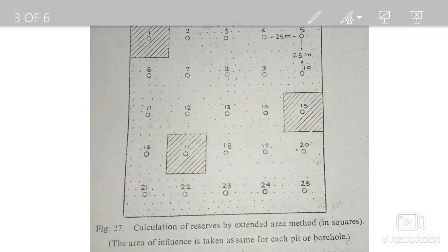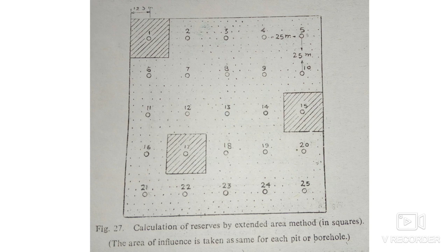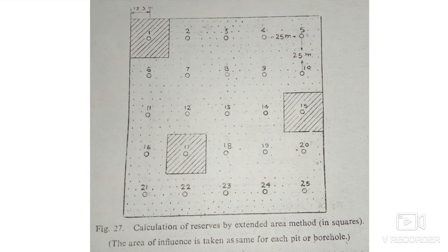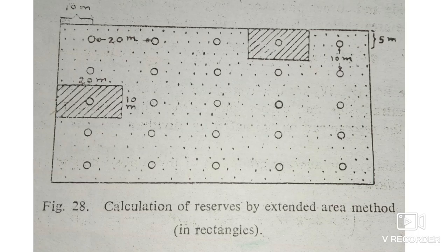Since it is the equal area method or extended area method, it can be computed for the square shape and for the rectangular shape also. So the calculation of the reserve by the extended area method is given in the square shape, and also in the rectangular shape.